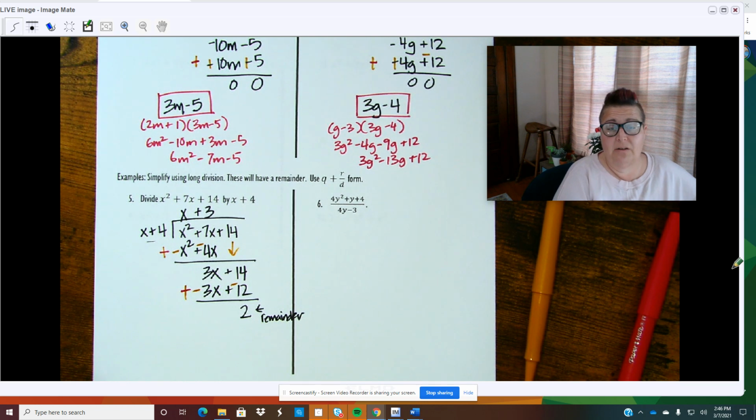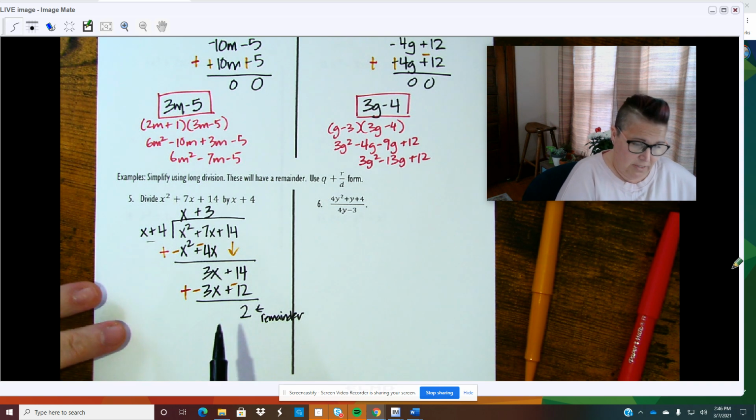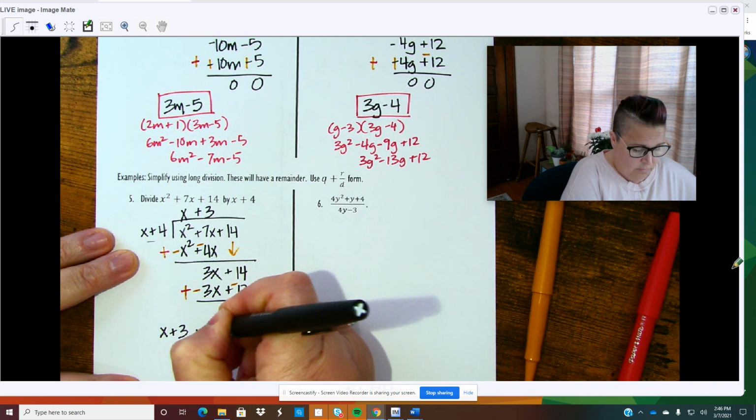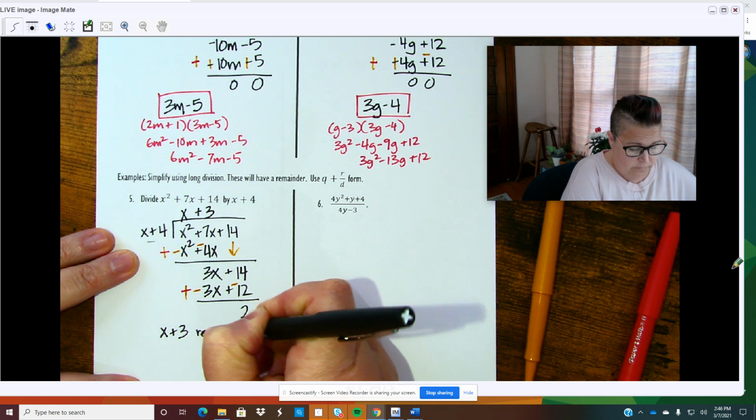When dealing with polynomials, it is quite simple to do, but it's awkward. Like it feels wrong, but it's not. So my answer here is the x plus 3 with a remainder of 2.